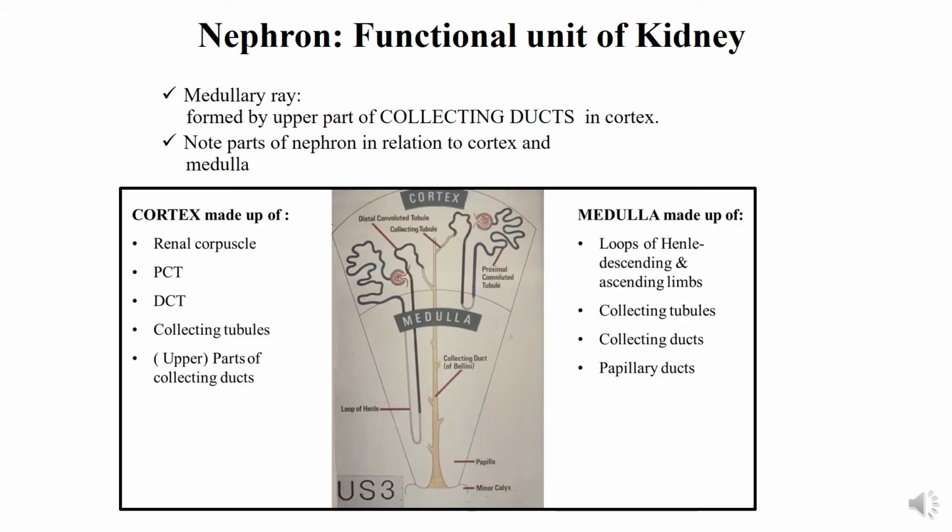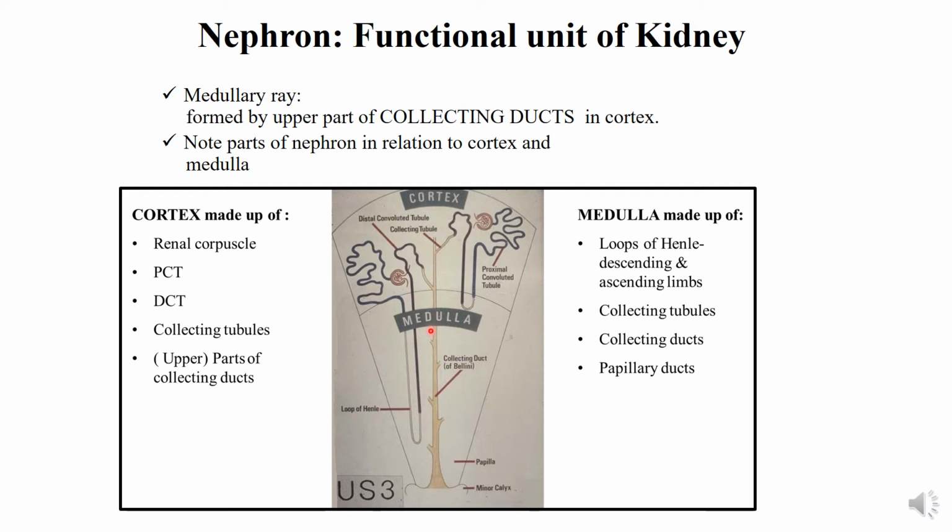The nephron, which is the functional unit of the kidney, is located in the cortex and medulla. Some parts of the nephron are located in the cortex, and some parts in the medulla. In the cortex, we find the renal corpuscle, the proximal convoluted tubules, the distal convoluted tubules, some collecting tubules, and the upper part of the collecting ducts.